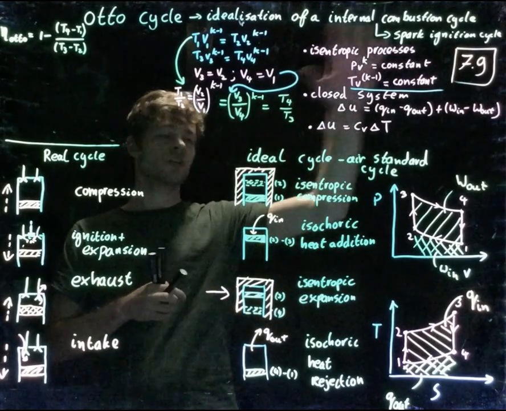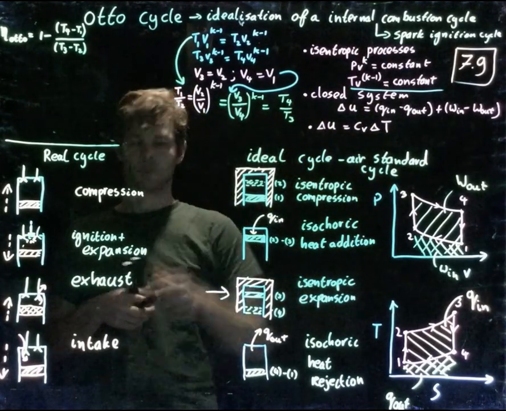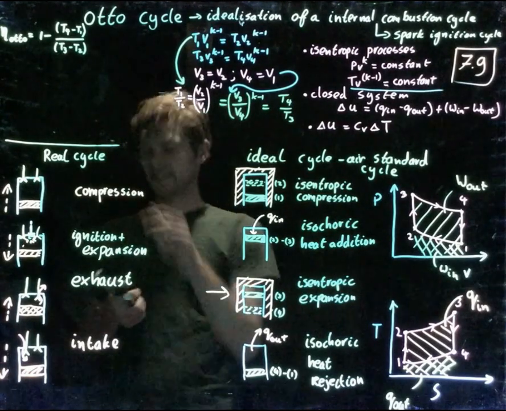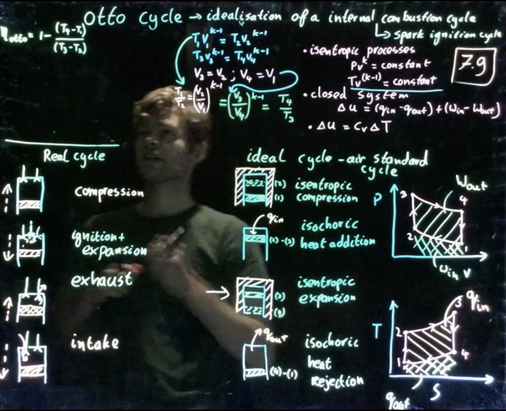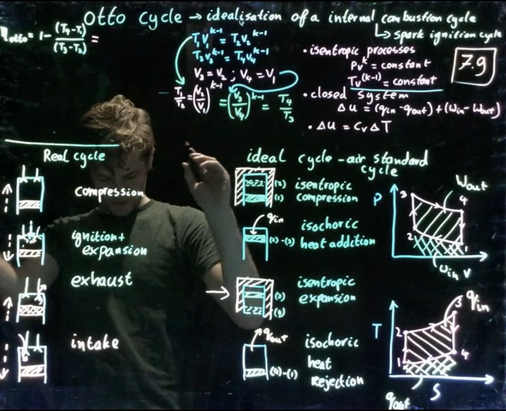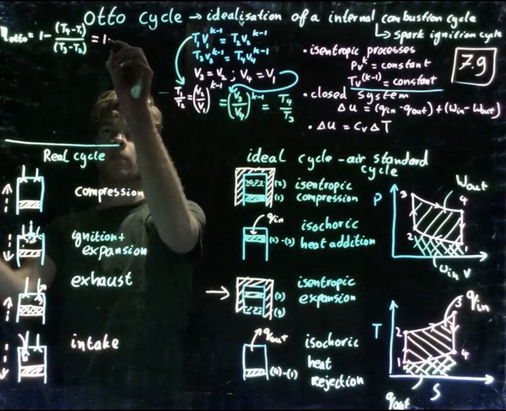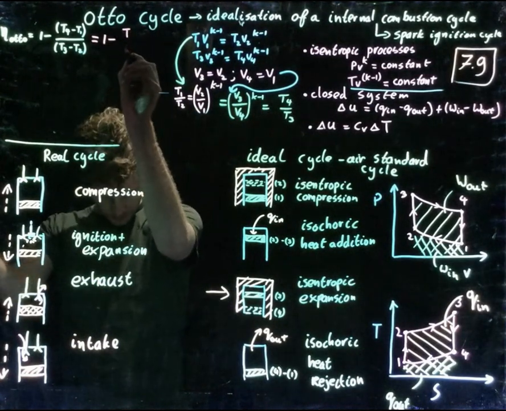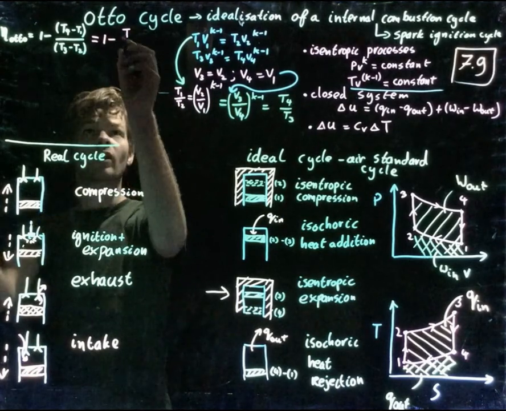So this is how all these processes relate into this equation, and we can rewrite the efficiency as equal to 1 minus T4 over T3.